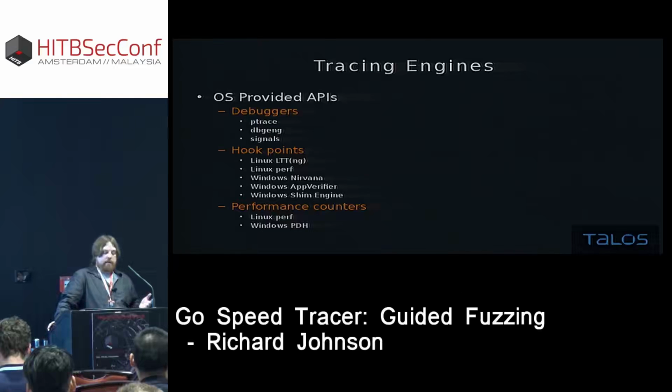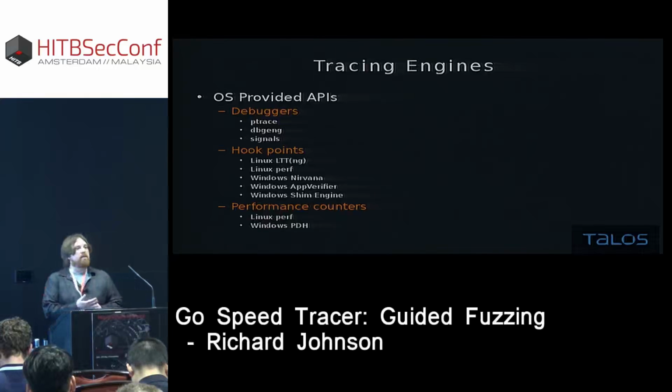And then on the Windows side, there's an API called Windows PDH, and it's so poorly documented I couldn't even find the definition for what PDH is supposed to stand for. It's a performance monitoring toolkit. When you go into the process monitor or something like that, and you see statistics about the process executing, that's where that's coming from. There isn't really any current support in Windows natively for doing granular program tracing like block coverage or anything like that.